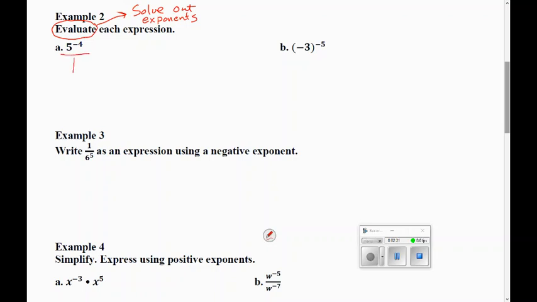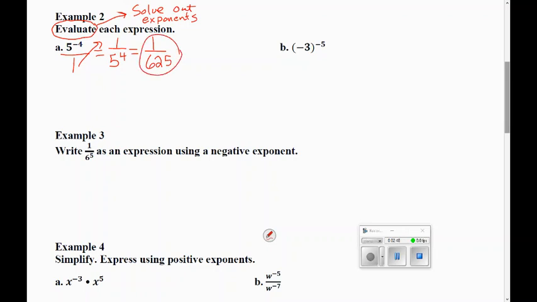We're going to go ahead and put a 1 under the bottom. We're going to flip that over, so the 1's on the top, the 5 comes to the bottom, and the negative 4 becomes positive 4. But then we're going to go one more step, which is to make the answer to the 5 to the 4th power. So that's 5 times 5 times 5 times 5, which gives us a total of 625 on the bottom.